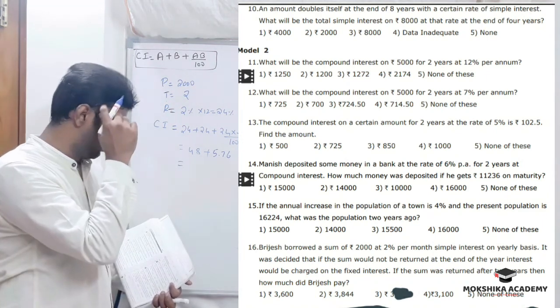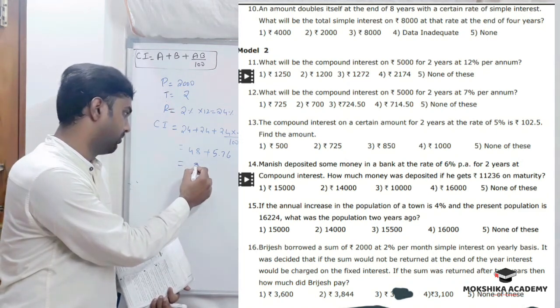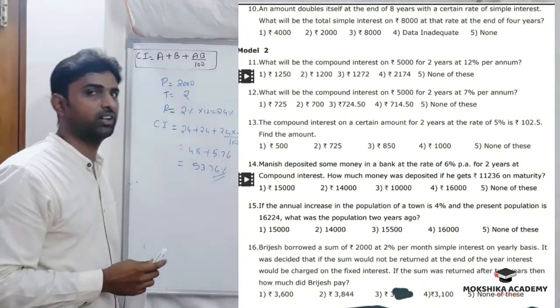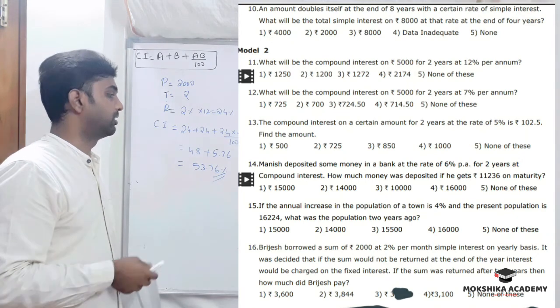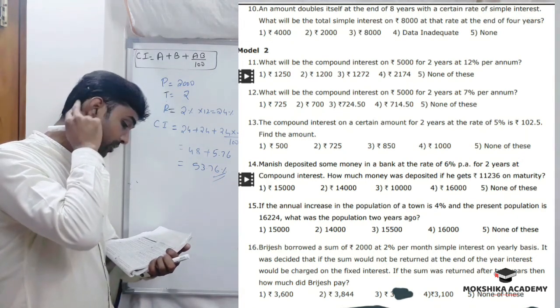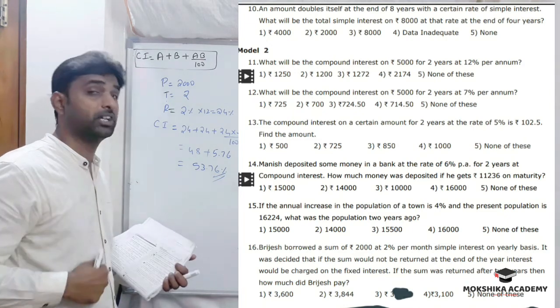So if you add these three, this will come to 53.76%. Compound interest is 53.76%. So what they asked: if the sum was returned after 2 years, then how much did Brijesh pay?